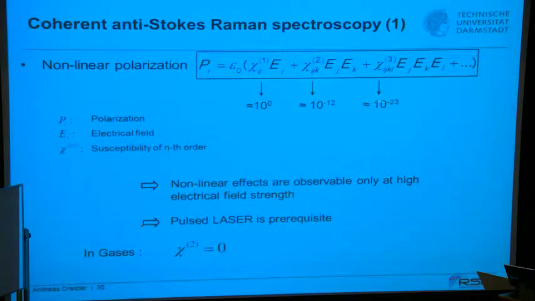Have a look at the ratio between these molecular specific quantities. There's a huge difference. To make this nonlinearity really observable, you have to overcome this small quantity by really high field strength. And that's why you can observe these nonlinear effects in optics only with pulsed lasers.